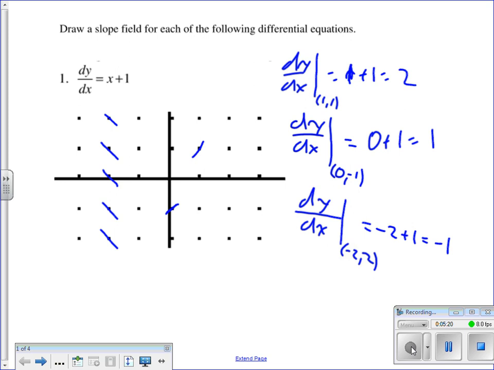So that makes it nice. Ooh, I've already figured this one out. This has a slope of 1. This one has a slope of 2. What about this row here? What's its slope going to be? It's going to be 0 because x is -1. -1 plus 1 gives me a nice 0 slope.